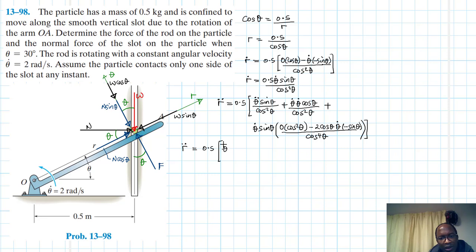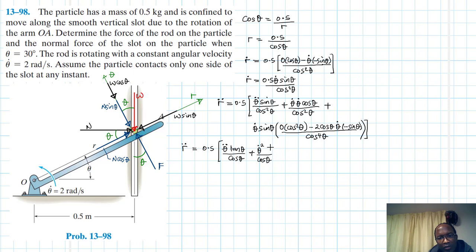We have theta double dot, then tan theta divided by cos theta, plus theta dot squared divided by cos theta.